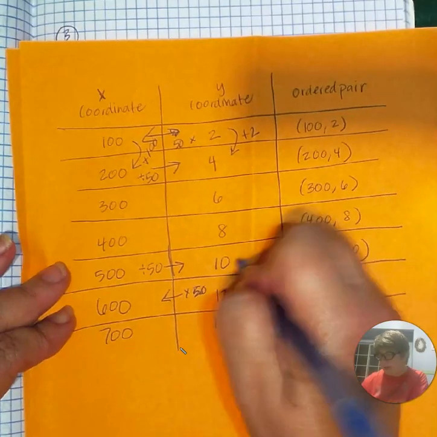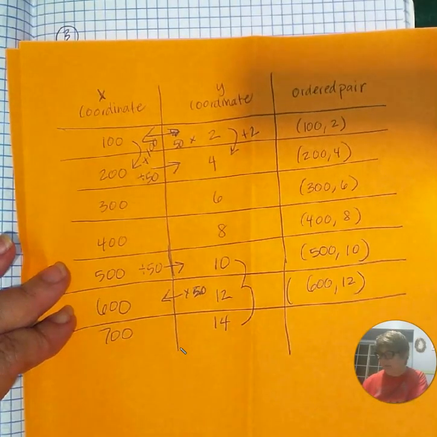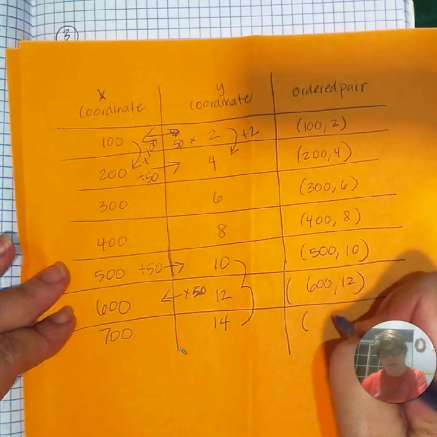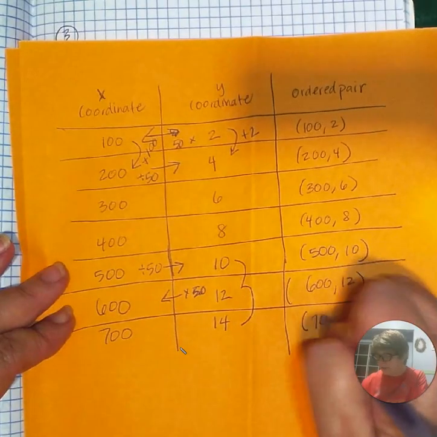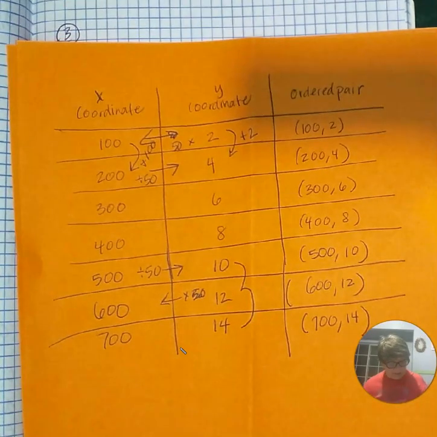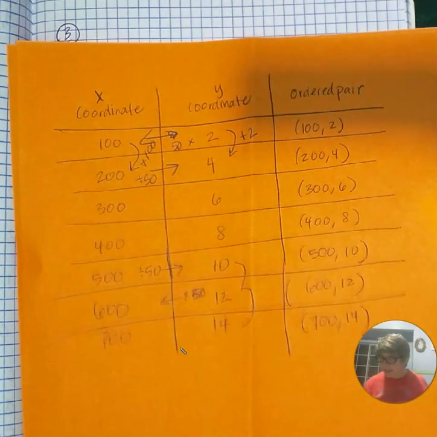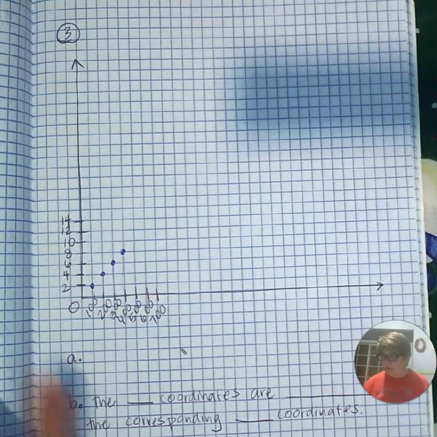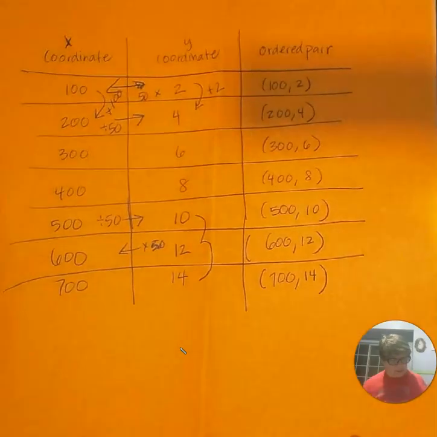Oh, we can also use this pattern right here, right? Okay, we don't always have to do all the division. That's nice. 714. Okay, those would be the ordered pairs. You can put that in for letter A. I'm not going to write them down since we just wrote them down. Hopefully you're copying them down.